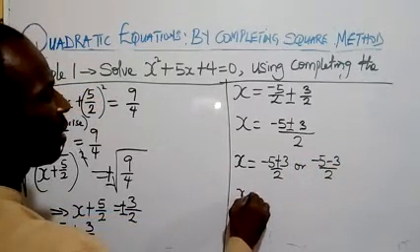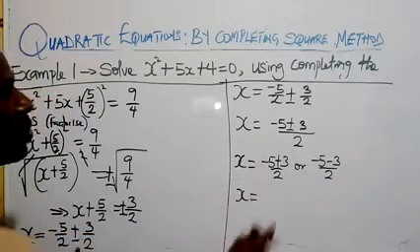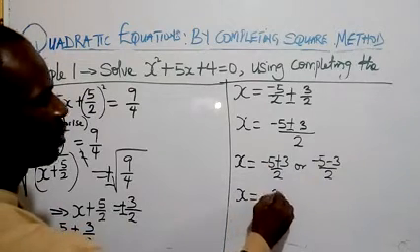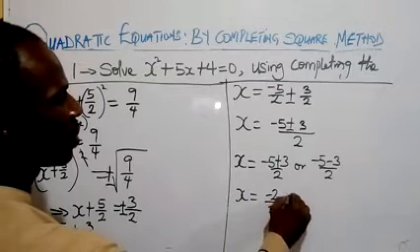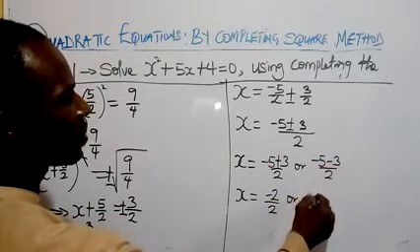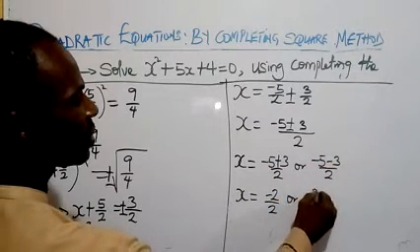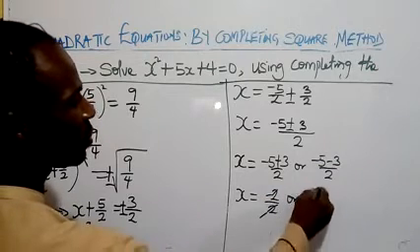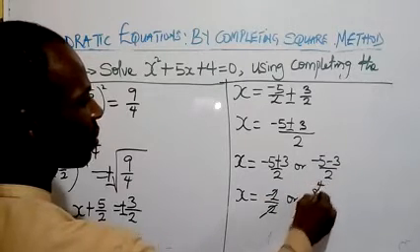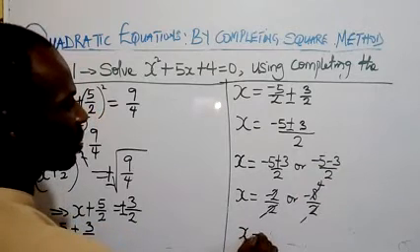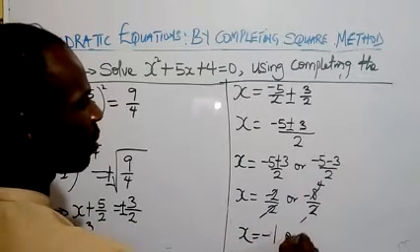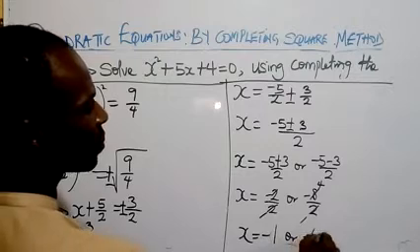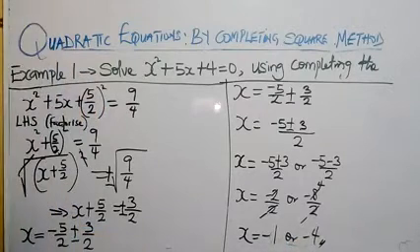So our x equals minus 5 plus 3, which is minus 2, divided by 2, or minus 5 minus 3, you have minus 8 divided by 2. 2 cancels 2. 2 in 4, 2 in 8, 4. So the value of our x equals minus 1 or minus 4. That's our final answer. Alright, let's look at another example, example 2.